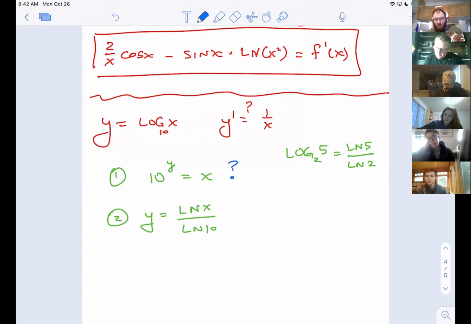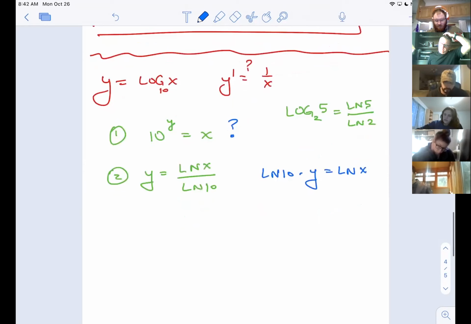Let's see, I could multiply both sides by the natural log of 10 just because I don't like fractions. I don't want to do the quotient rule. Natural log of 10 might bother you, but remember that's just a number. Like you could break your calculator out and that's just a number. That's like 5 times y, 15 times y, it's just a number.